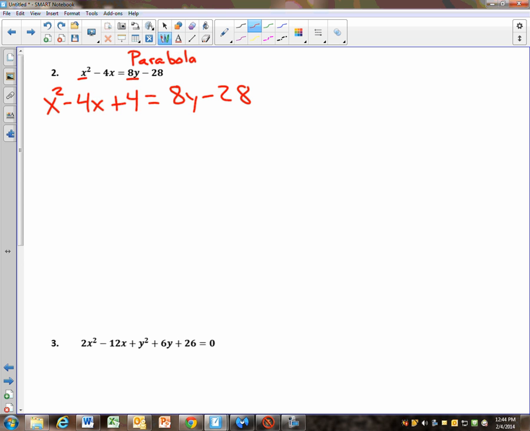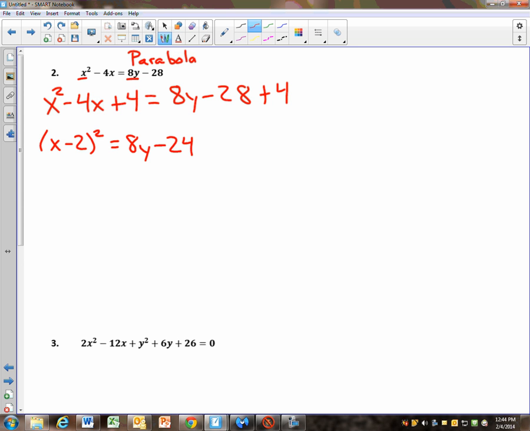What's the true value of that 4? 4. So you need to add 4 to the opposite side. x squared minus 4x plus 4 factors to x minus 2, quantity squared, equals 8y minus 24.